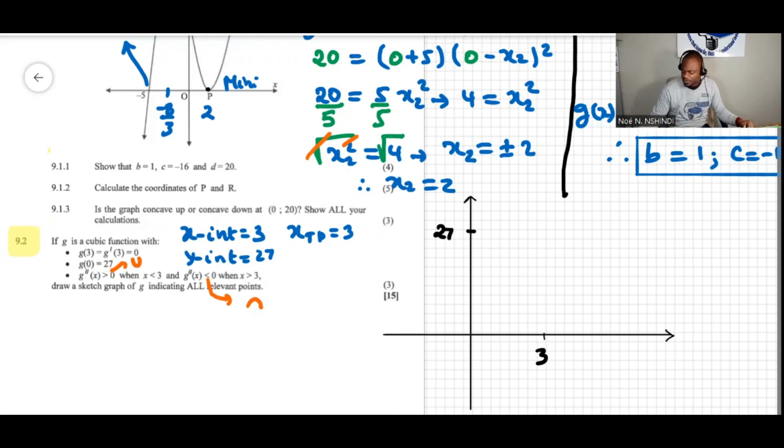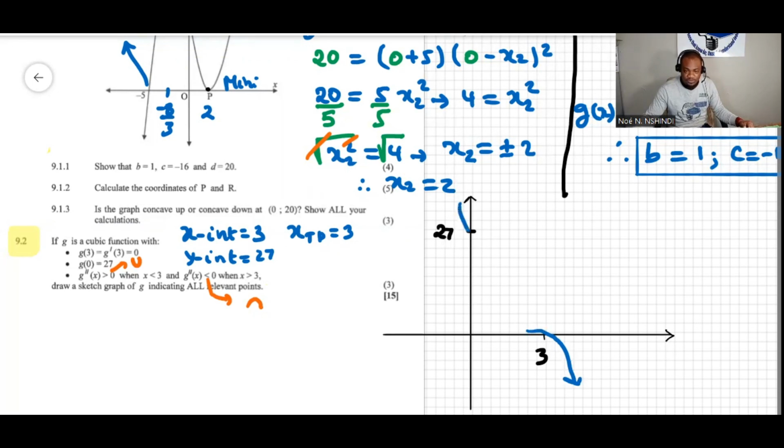So the graph must be something like, I'm going to draw something like this. Okay, because it has only one x-intercept.